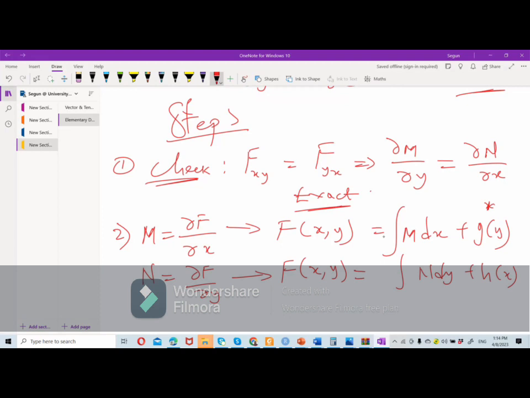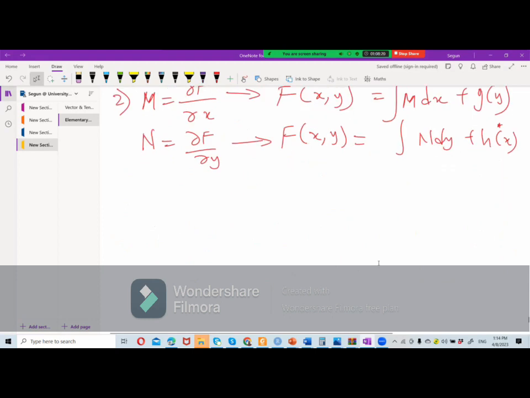If I'm differentiating the f dy, this will be what I will use. So let's take note of the 2 points. Step 3 says find the f dy equals n.